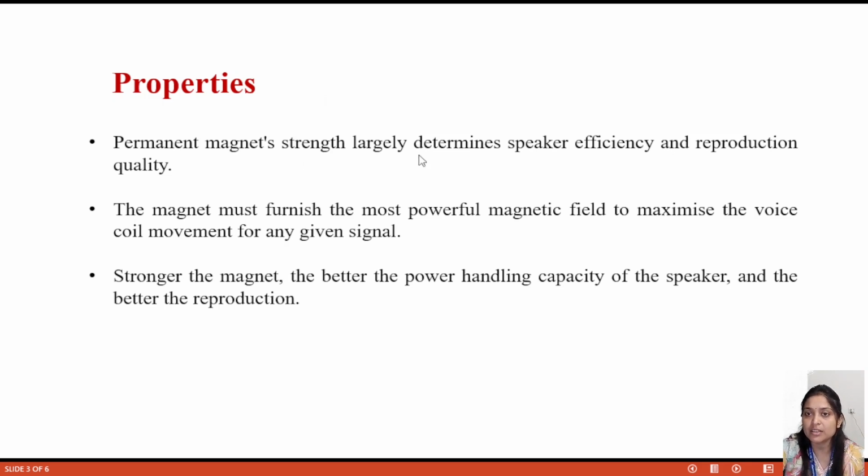Strength largely determines speaker efficiency and reproduction quality. The magnet must furnish the most powerful magnetic field to maximize the voice coil movement for any given signal. The higher its power, the more it maximizes the movement of the voice coil. The stronger the magnet, the better the power handling capacity of the speaker, and the better the reproduction.